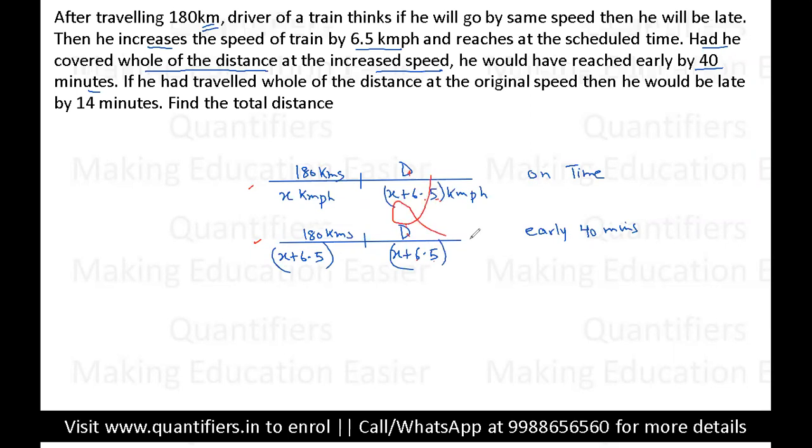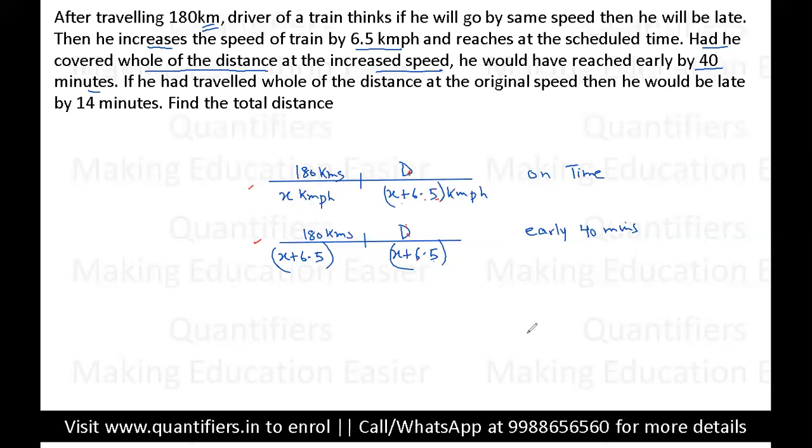You will not get any difference of time from this region, right? So basically the 40 minutes difference is coming from this region. I hope everyone is getting this point. क्योंकि यहां पर देखो speed x है और यहां x plus 6.5 है. So this is the reason there is a difference of 40 minutes. I hope all of you must have got this point.